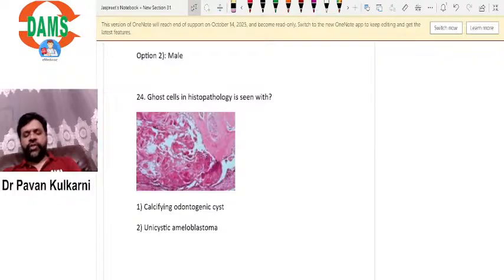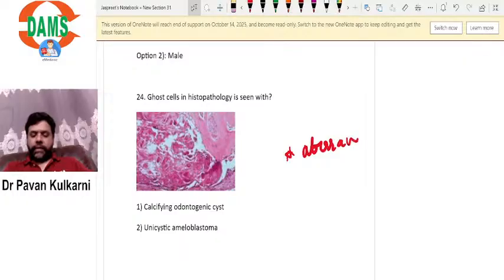Ghost cells in the histopathology are seen with. All of us know ghost cells. What are ghost cells actually? Whenever you see a ghost cell, the first point you should remember is that it is because of aberrant keratinization. What does aberrant mean? Aberrant means abnormal.